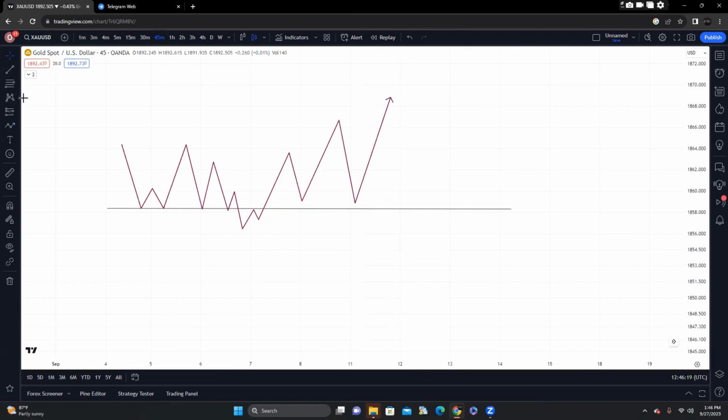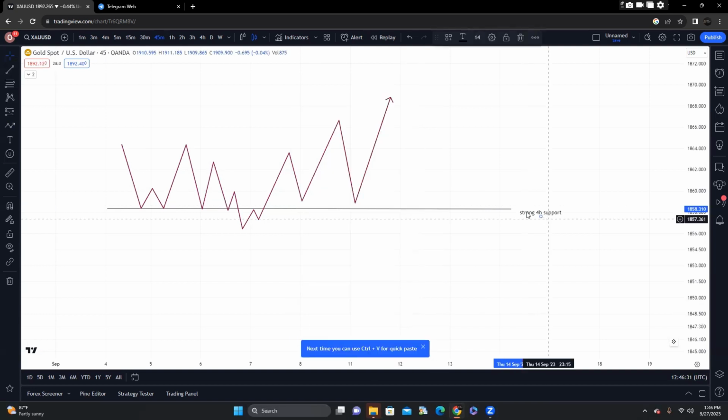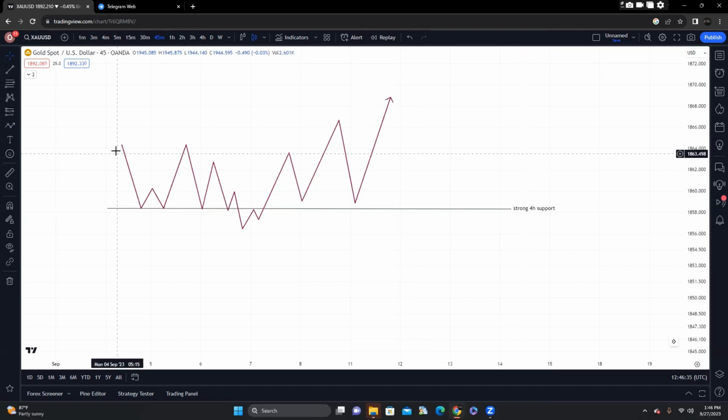Firstly, we have a strong 4-hour support level here. We see that price has come and tested it several times. Now let's look from the retail perspective.